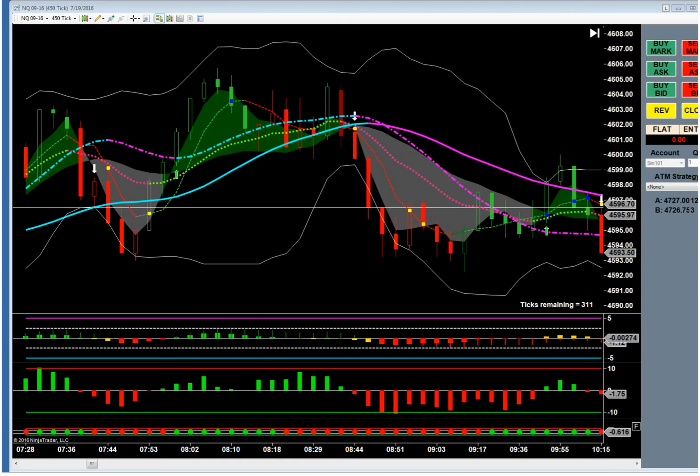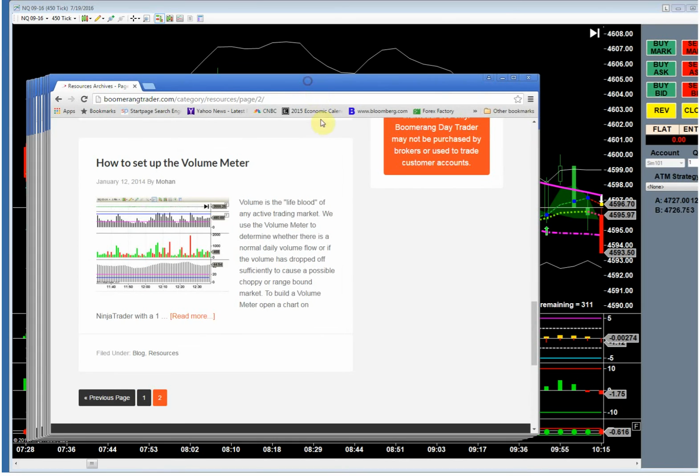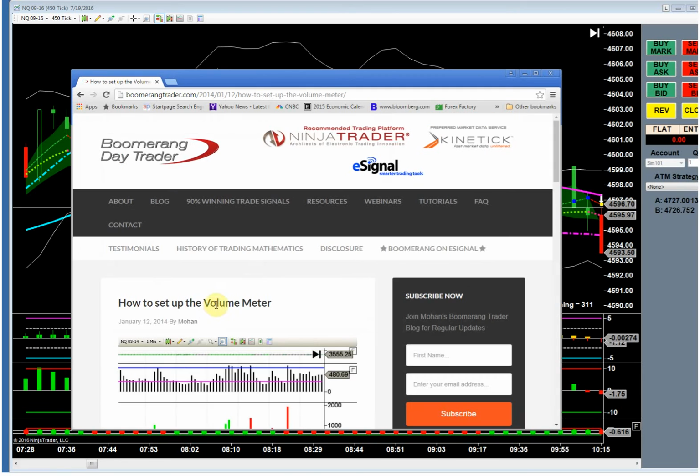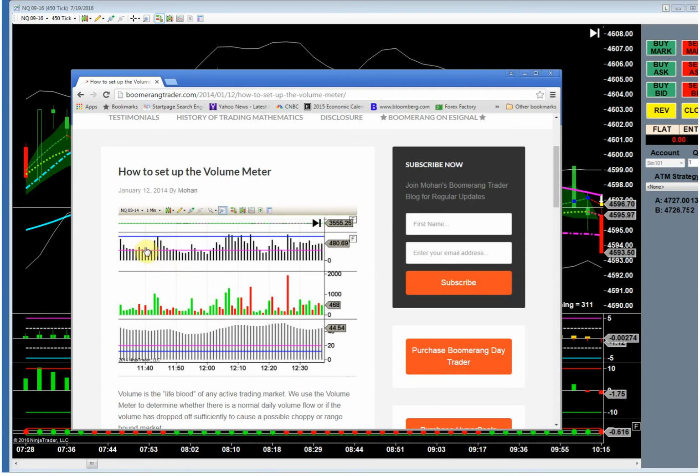We have videos in here on how to build a volume meter and how to research the markets. I give you some of the methods I use to research the markets. Here's one, how to set up a volume meter. It's very simple to read. You're mostly looking at this top portion here, which is a 4-period moving average of the volume, and you're watching the 700 level on the blue line, the 300 level.